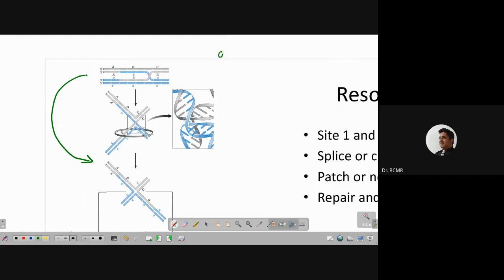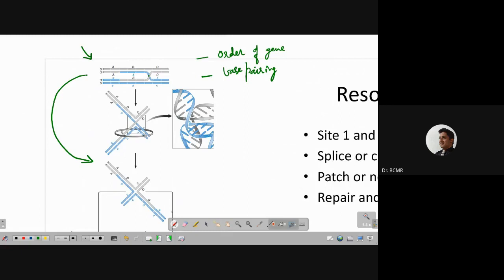One is the order of genes, whether it is capital A or small a, or capital B or small b. Second one is the base pairing. If capital A is base paired with small a, or small b is base paired with small b, those are the things. So here we have two DNA molecules with a Holliday junction.